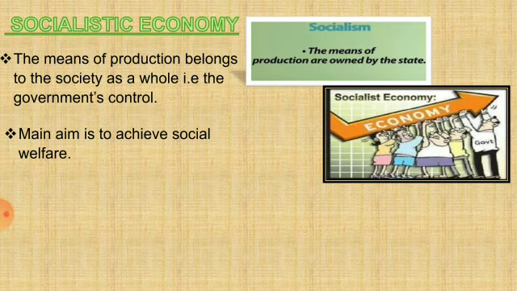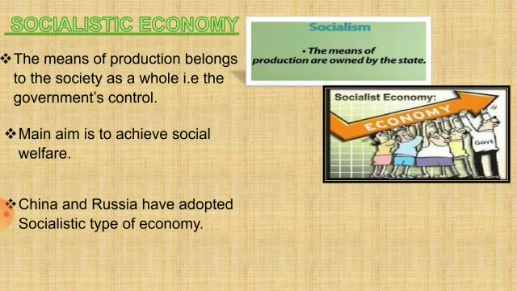Take the example of railways. Now even the commonest or the poorest of men can travel by railway, so the government has made traveling very convenient, taking into consideration the social welfare of the people. Now China and Russia have adopted socialistic type of economy.